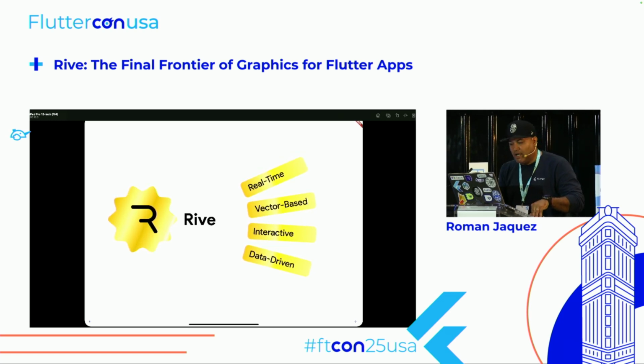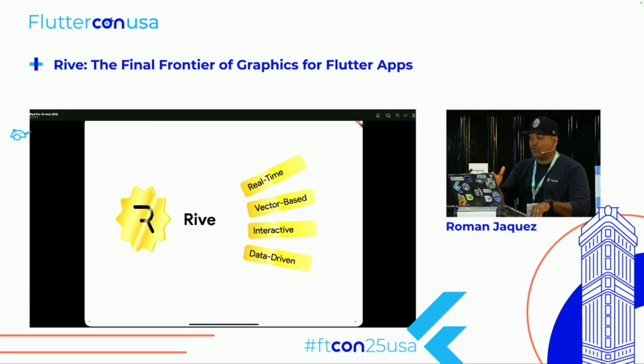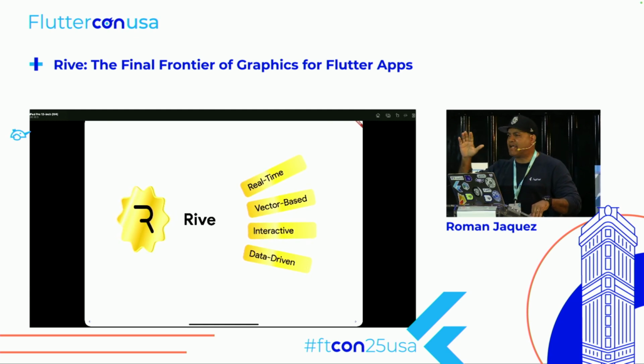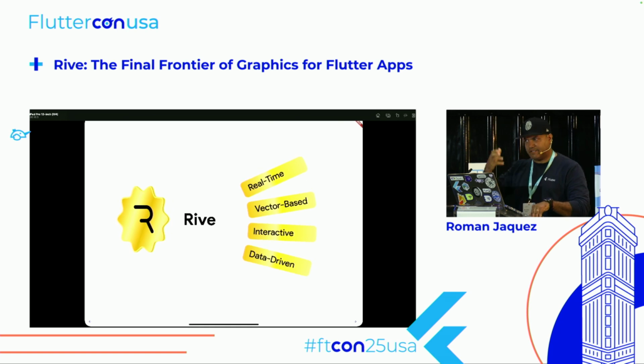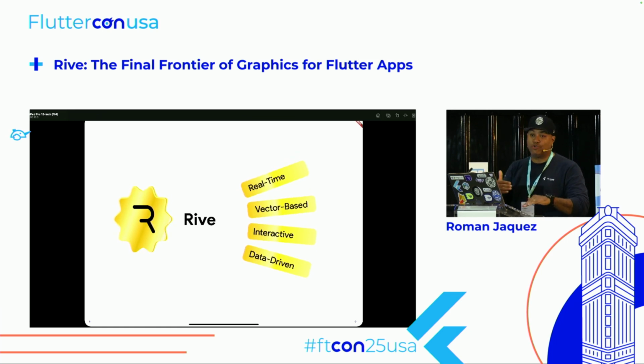Rive is a very rich and powerful design and animation software, specifically designed for complex, real-time interactive animations, unlike traditional tools like, for example, Lottie. Has anybody had experience with Lottie animations? Exactly. So Rive serves as a competitor to Lottie because it allows designers to create animations that dynamically react to user interactions.